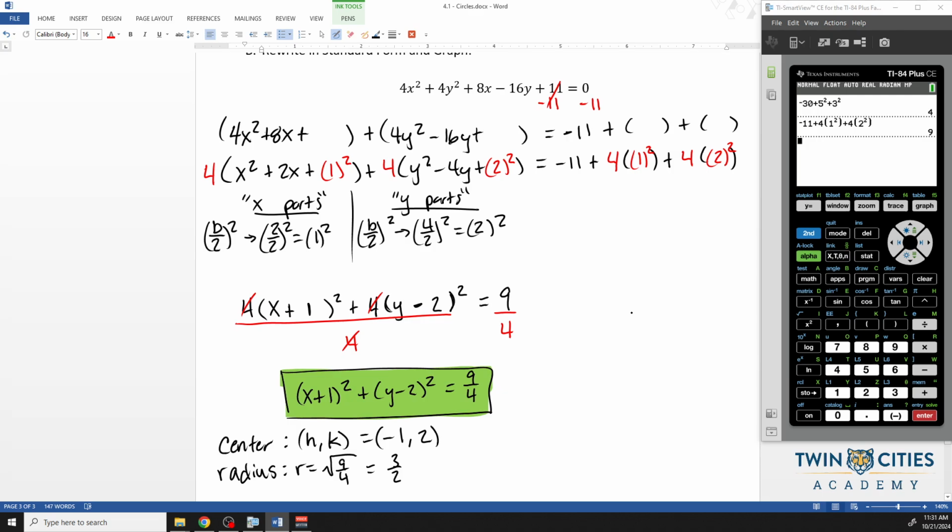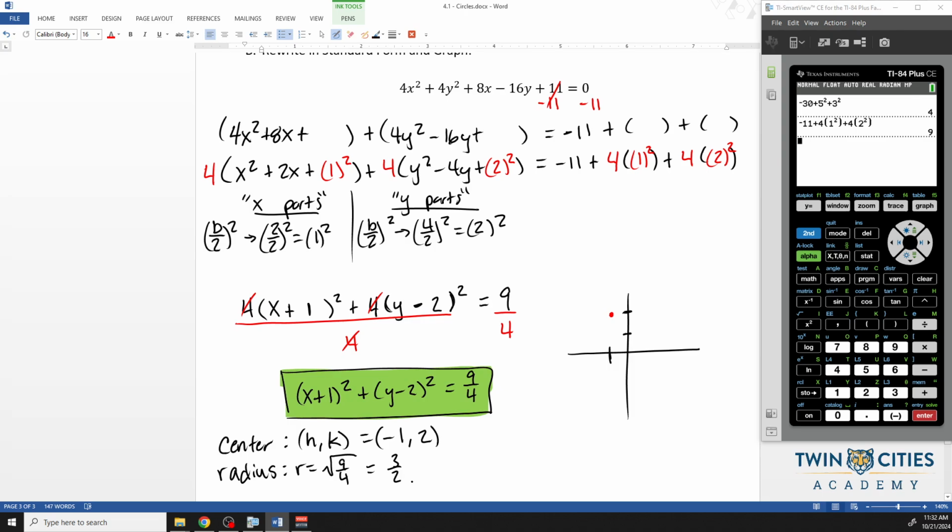So let's make a graph to the right. I'll first find where the center is. That's negative 1, 2. So let's go to the left 1 and go up 2. So the center will be somewhere right around here.